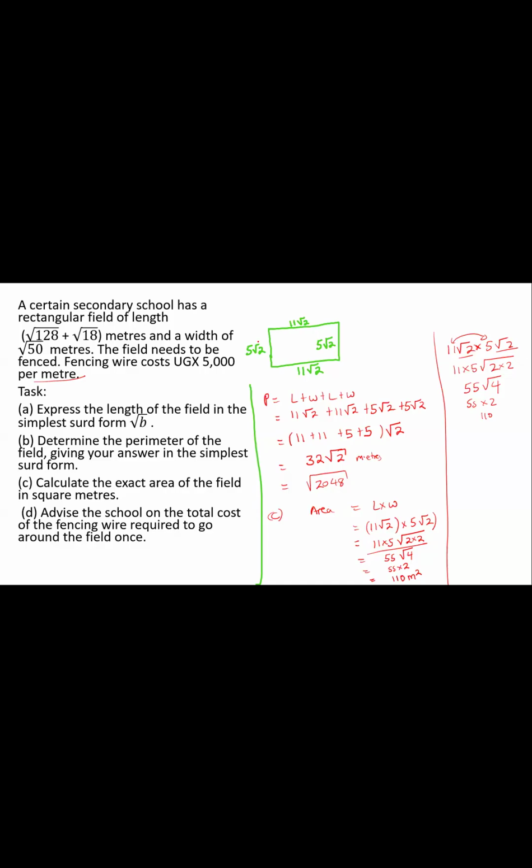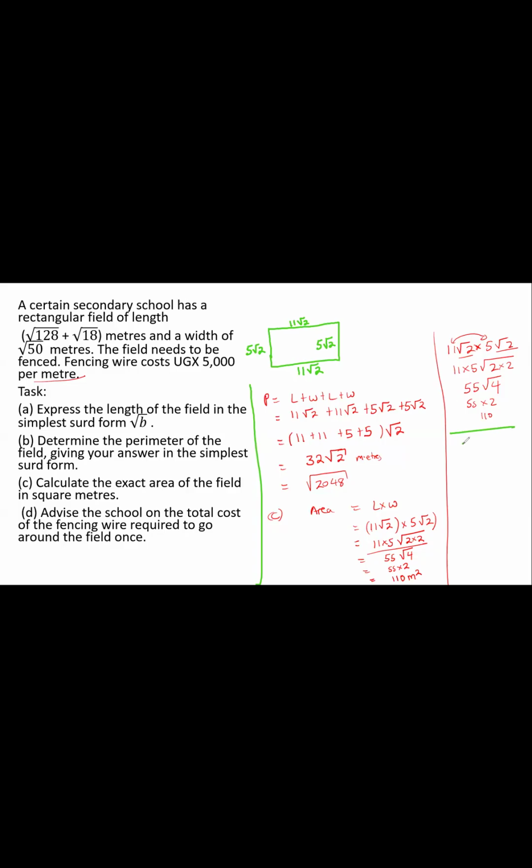Angel? Teacher, in case when we have, for example, here in the area, when the numbers in the root are different, do we need to multiply? As long as it is multiplication, yes.